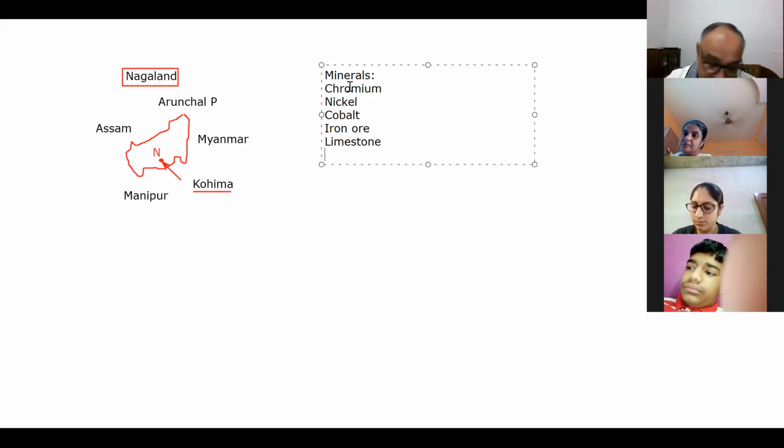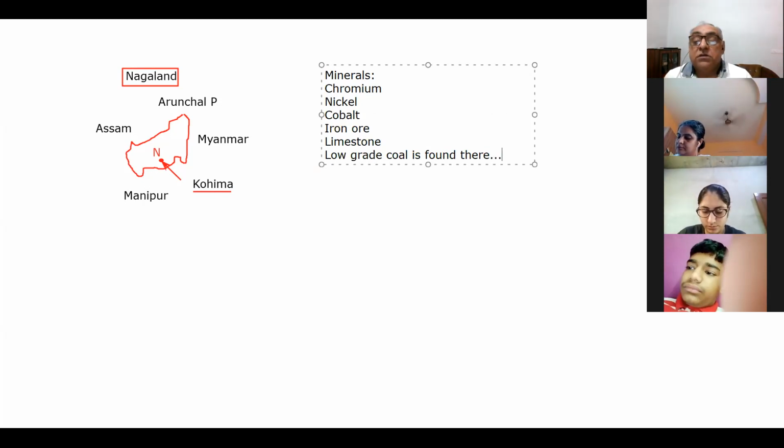As far as coal is concerned, low grade coal is found there.